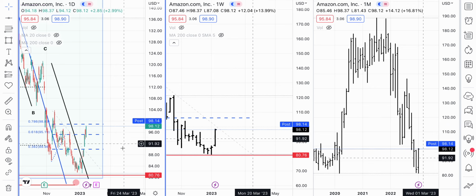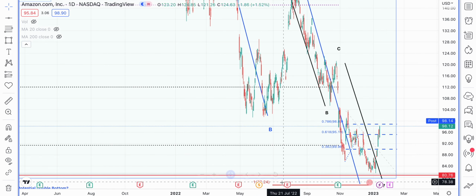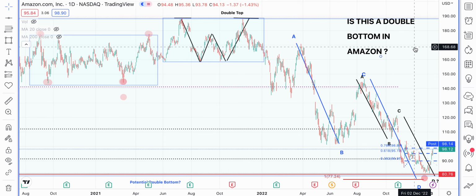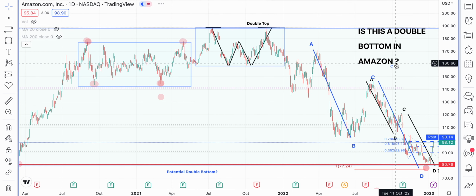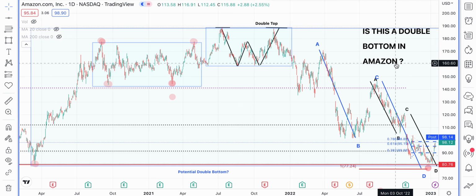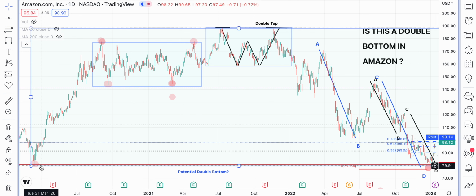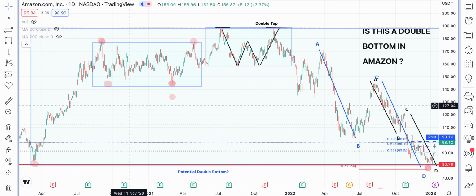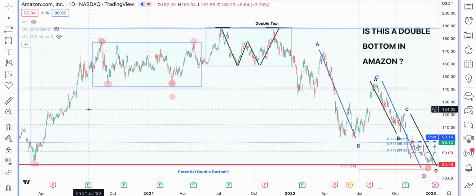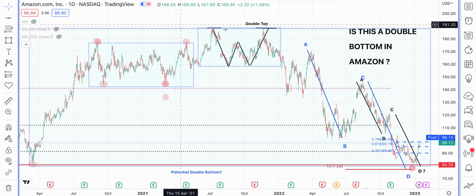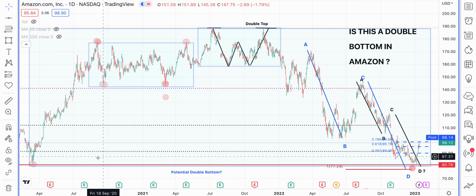But let's have a look at the stock on a daily chart. We have done a video just on Amazon, which you can find in our archive. In that we went through this entire price action structure since March of 2020. And one thing we were trying to highlight was that this entire price action is just a really big trading range.